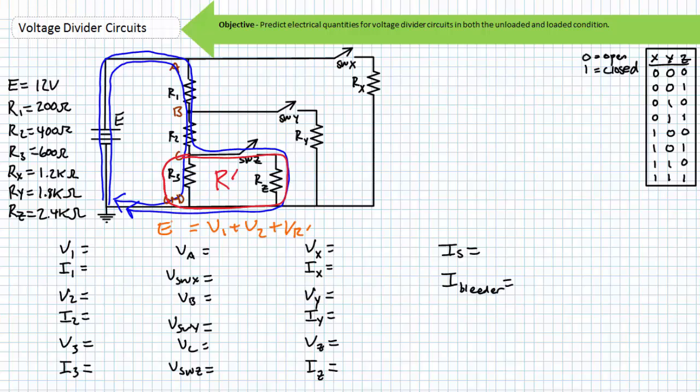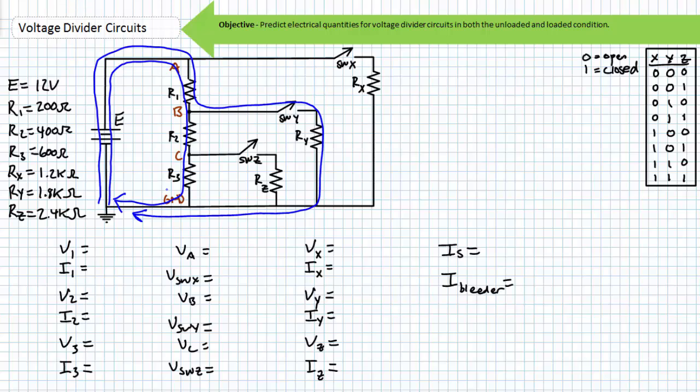Supply voltage E will be proportionally distributed between R1, R2, and the parallel combination of R3 and Rz, R'. No current travels through Rx or Ry, and no voltage will be dropped across them. The voltage drop across each open switch will be the nodal voltage with respect to the ground reference.